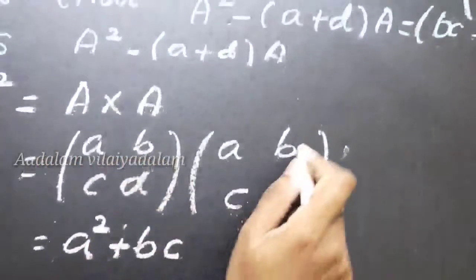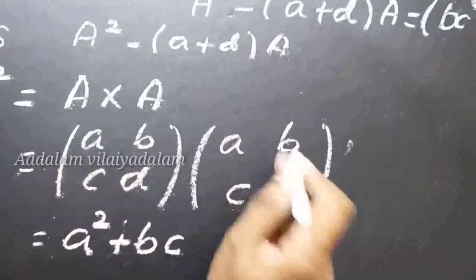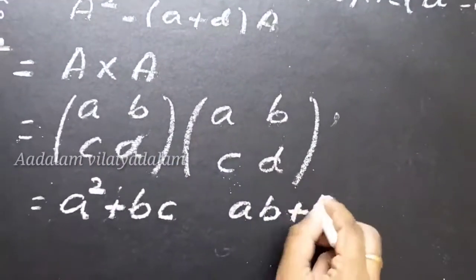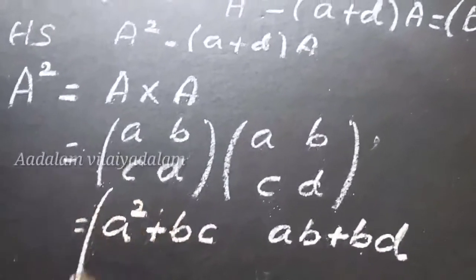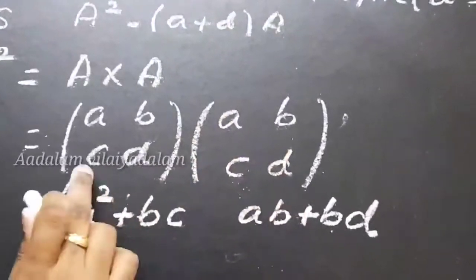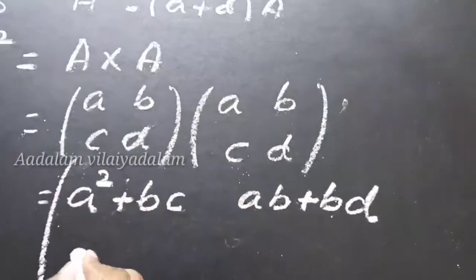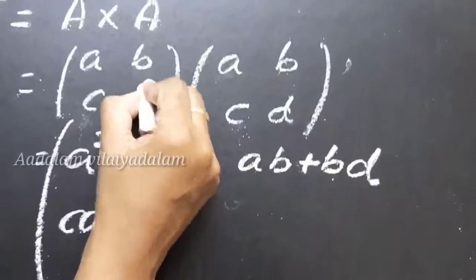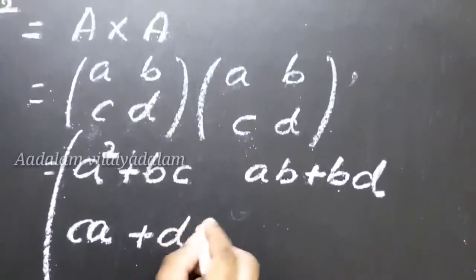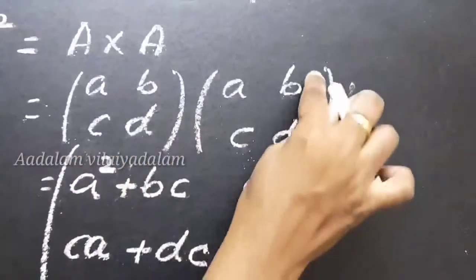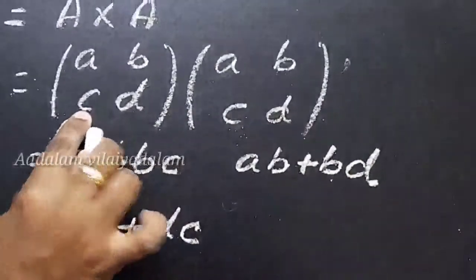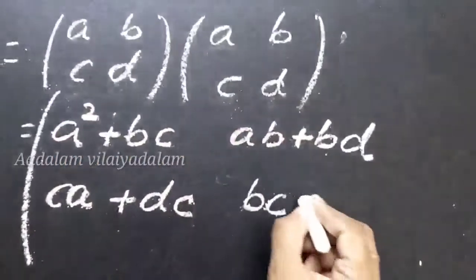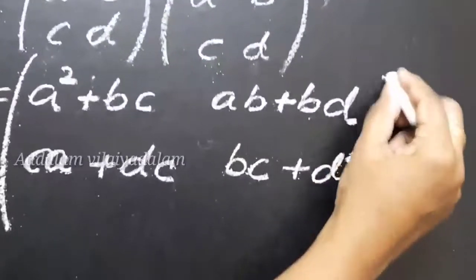The first row, second column: a into b, ab, plus b into d, bd. The second row, first column: c into a, that is ca or ac, both are equal, plus d into c, dc. The second row, second column: c into b, that is bc, plus d into d, d square. So this is the A square value.